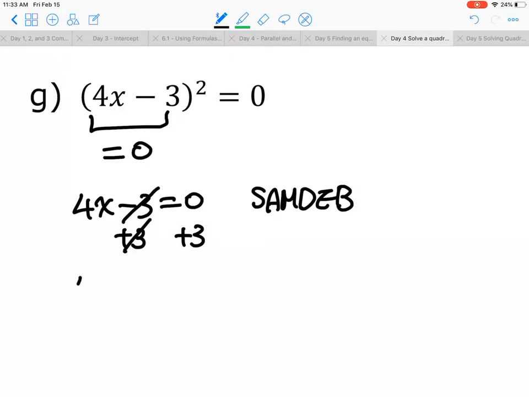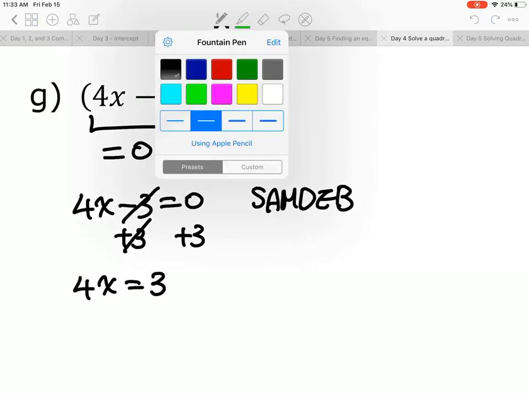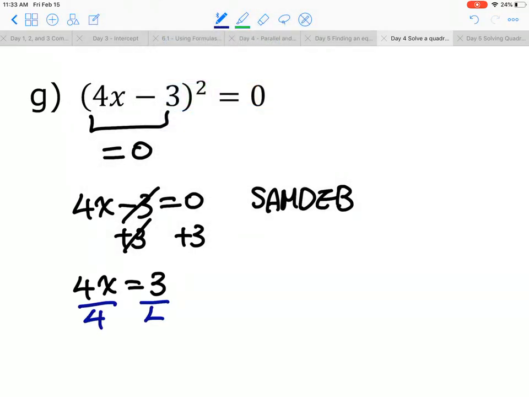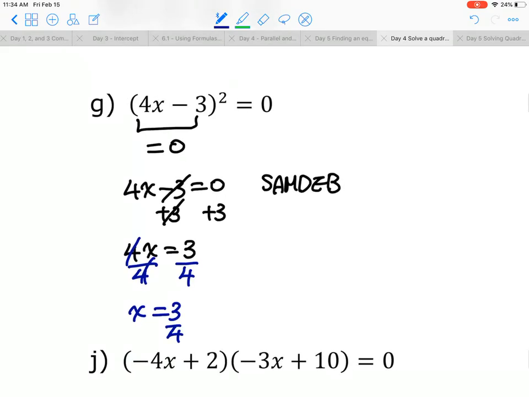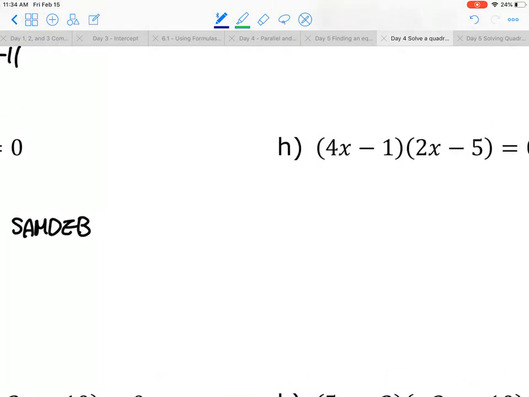So the 3's are gone, then 4x equals 3. Then you have to divide it. I will actually use a different color for this so that you will not get confused. So the 4's are gone, then at the end x equals 3 over 4. So this is the only solution for this. Again, all you have to do is just solve what's inside so that it becomes 0. Okay, solve for the x.